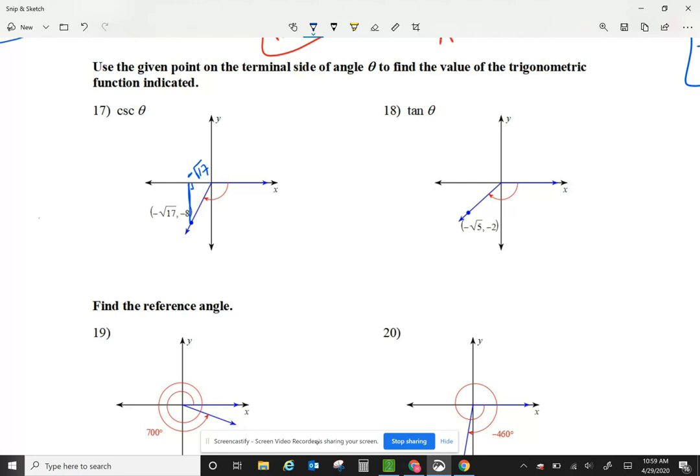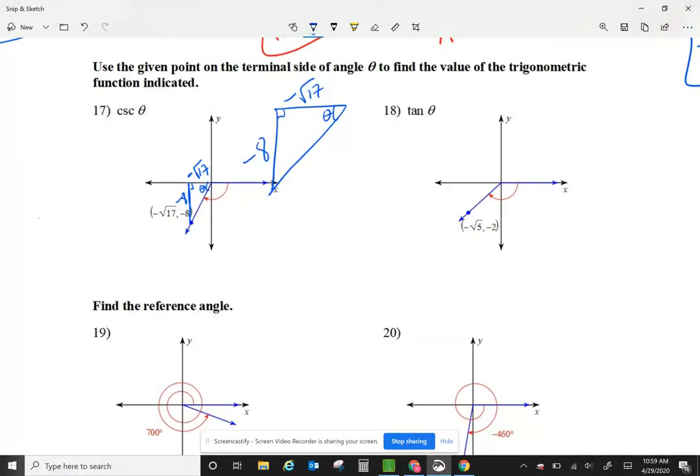And then the y value is negative 8. I'm just looking at a triangle. Let me make my triangle a little bit bigger. Here's theta, because remember theta is at the corner, right where the origin is. And I have that this is negative radical 17. I have this is negative 8.